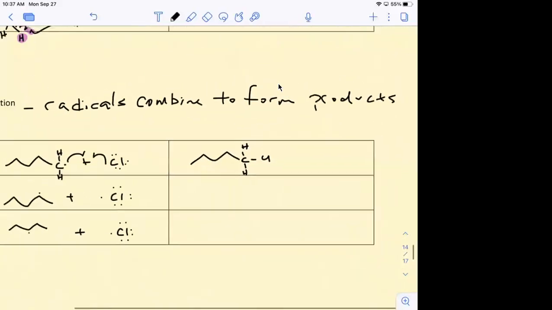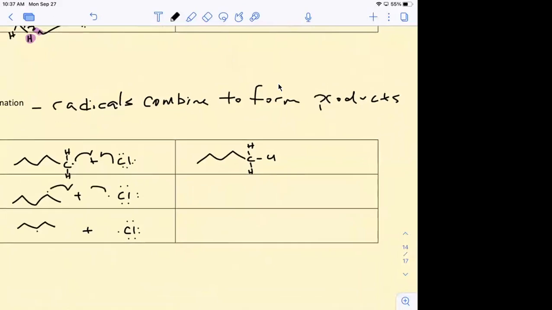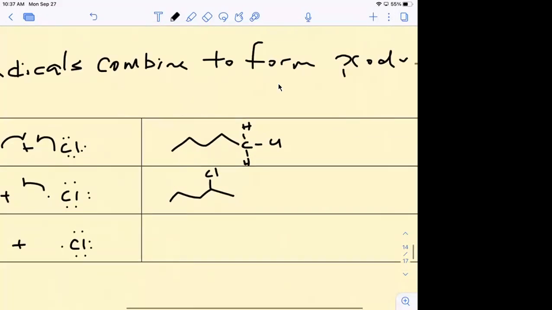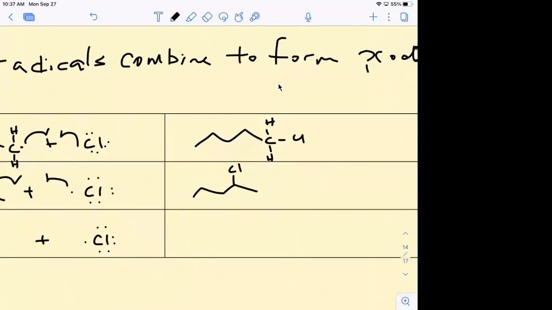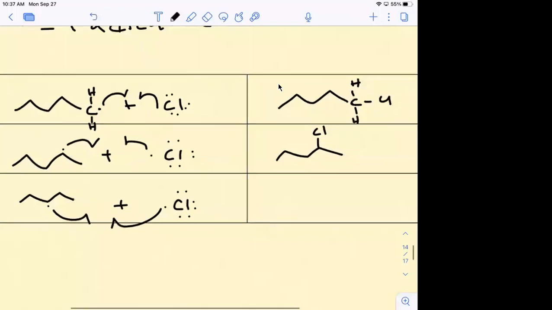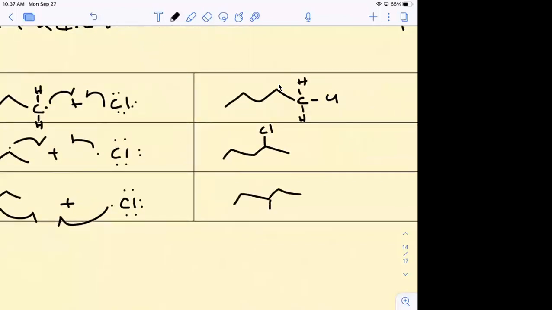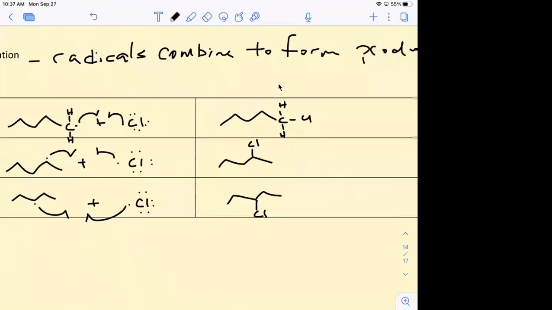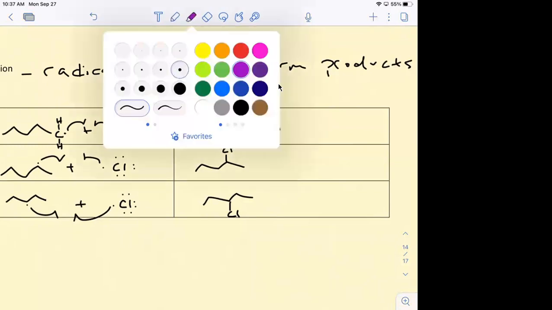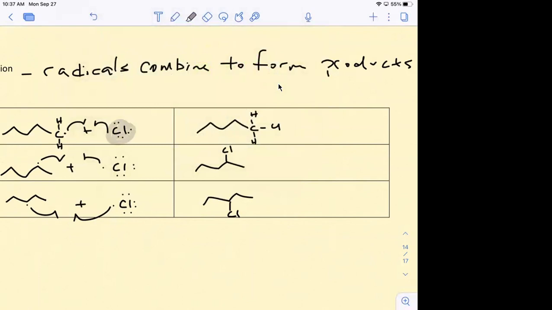All right, same thing on the second product here. You're going to get the same mechanism, homolytic bond formation in each step. Like so. So those are my products. A common error when you're doing the termination steps is to make this HCl.